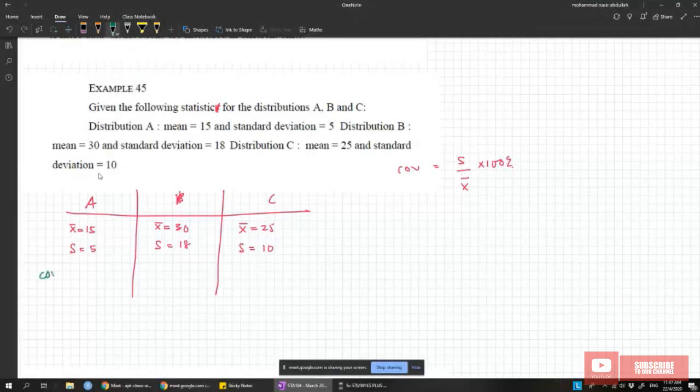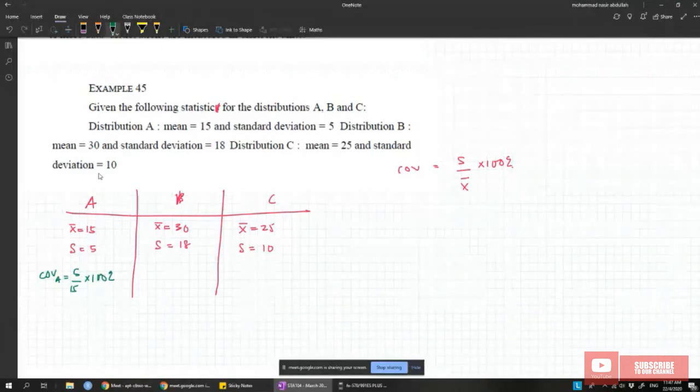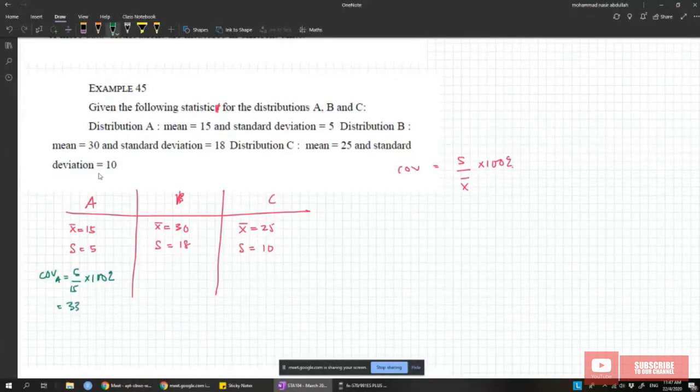Now we calculate coefficient of variation A as S divided by x bar. This is 5 divided by 15 multiplied by 100%, which is equal to 33.33%.